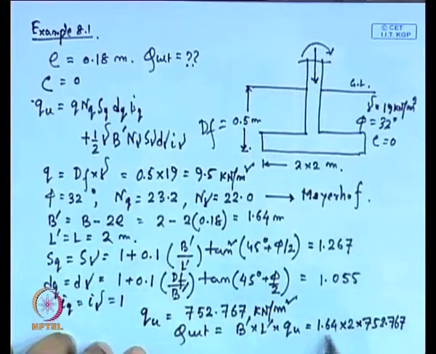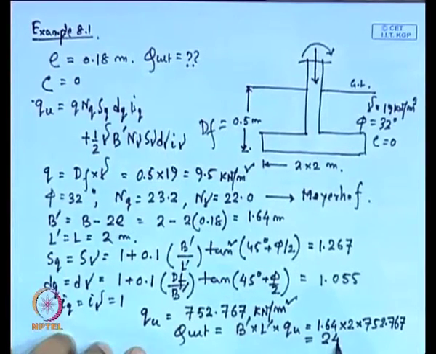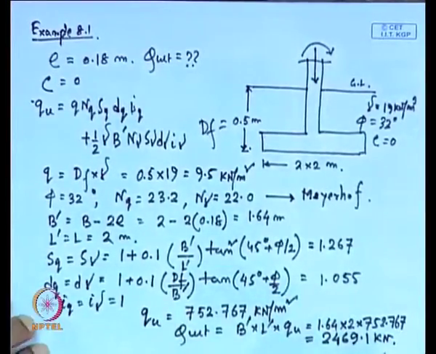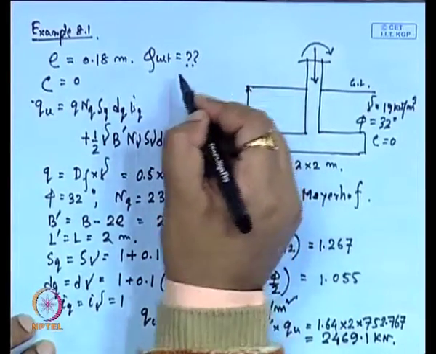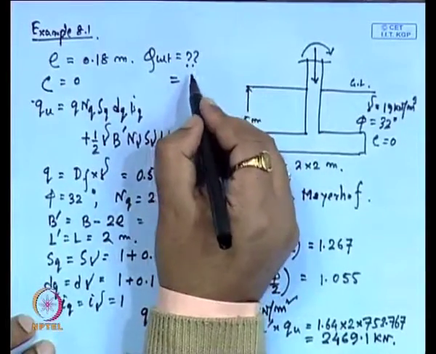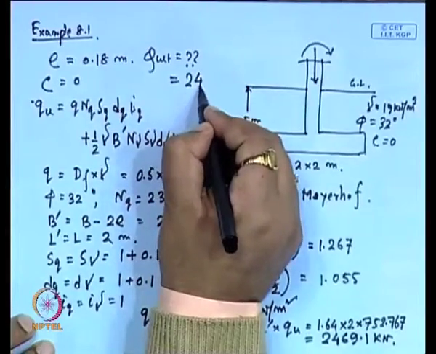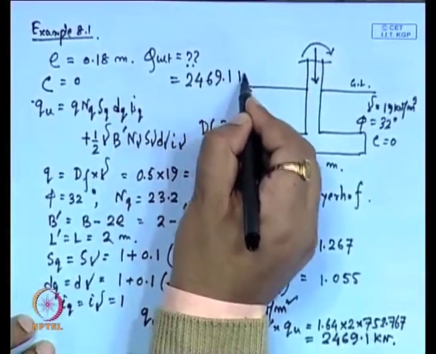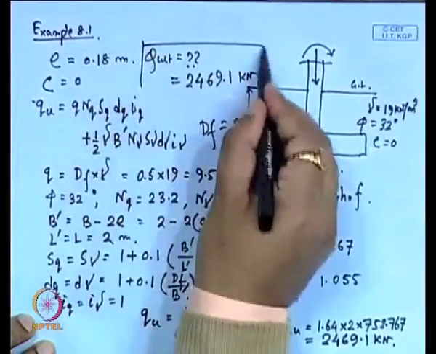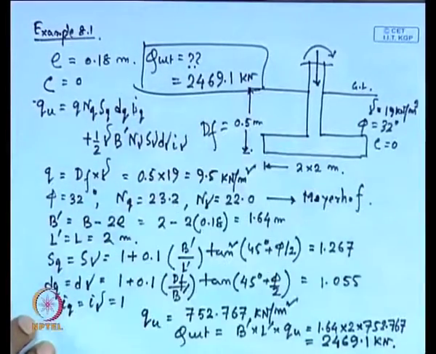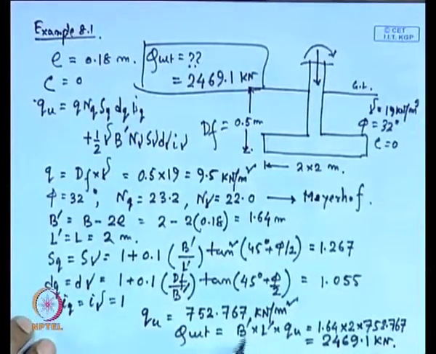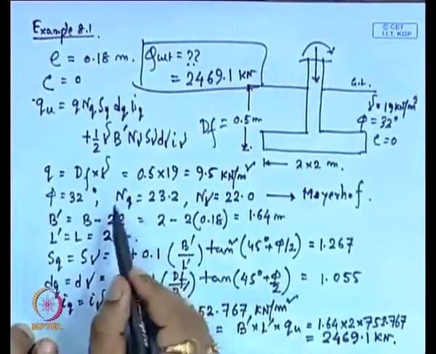So, finally, the value coming out to be 2469.1 kilonewton. So, the answer, this q ultimate, is coming out to be 2469.1 kilonewton. So, this is the answer of this question.